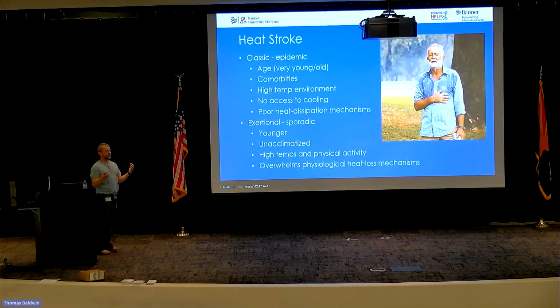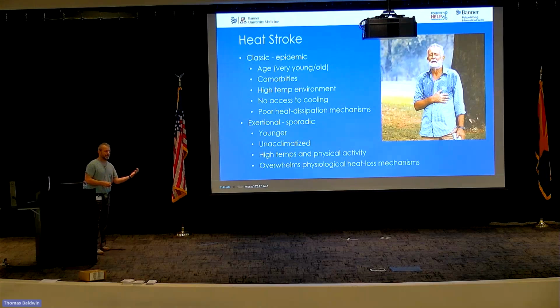So we do classify heat stroke into one of two different categories. We call them classic or exertional. That's because there are two different demographics of patients oftentimes susceptible to the various heat stroke cases. Classic is what we tend to see more in clusters of patients, more concentrated during the summertime or the hottest parts of the year.